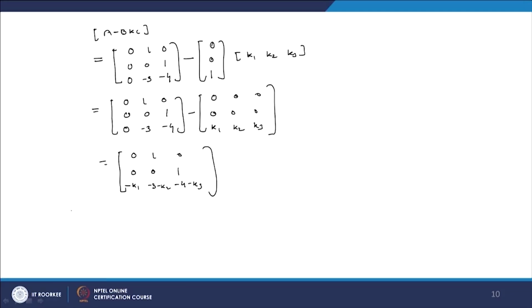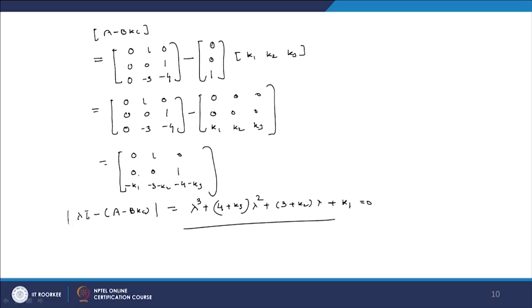Now we have A minus BK, and we have to determine its characteristic equation in terms of lambda. So lambda I minus (A minus BK) gives lambda cube plus (4 plus k3) lambda square plus (3 plus k2) lambda plus k1 equal to 0.